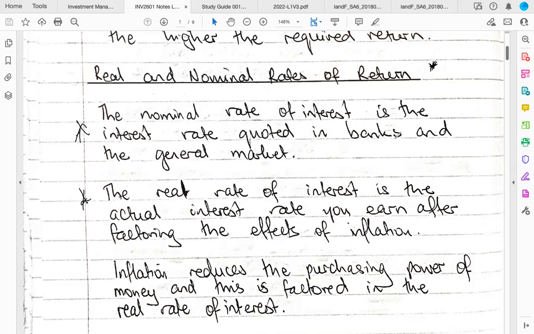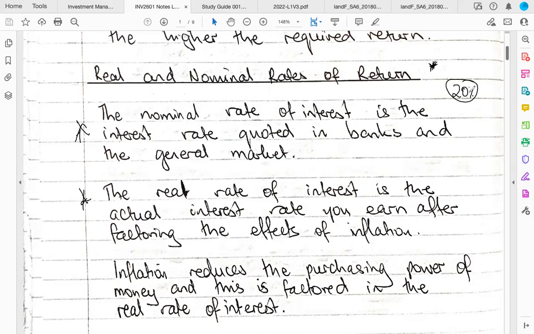So if I'm an investor and I go to the bank and I want to invest my money, or I go to put my money in a certain investment, and I'm told that if you invest your money with this investment, you are going to get a certain return, right? Let's say I'm told that I'm going to get a 20% return on my money.